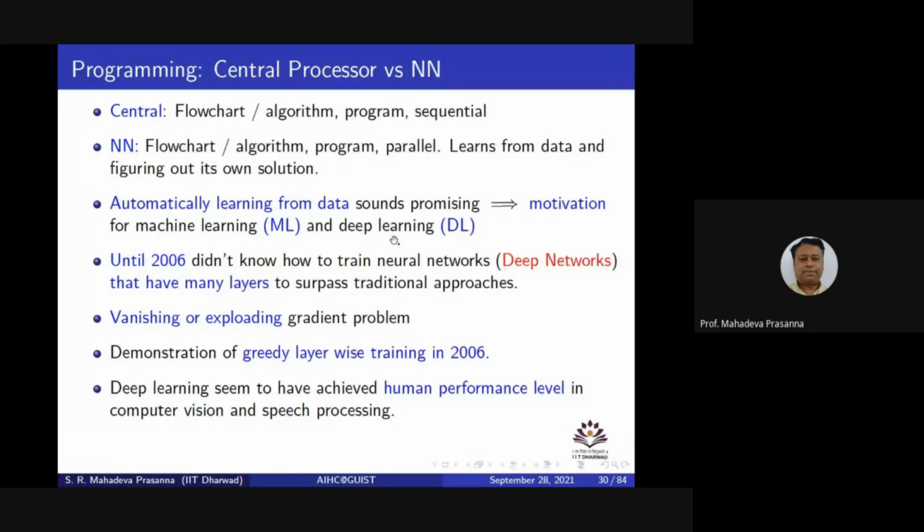But what prevented people at that point of time, when neural networks were there, from adding more layers? People attempted it, but they found that when you increase beyond 3 hidden layers, they were not achieving any improvement in performance. The performance used to saturate.